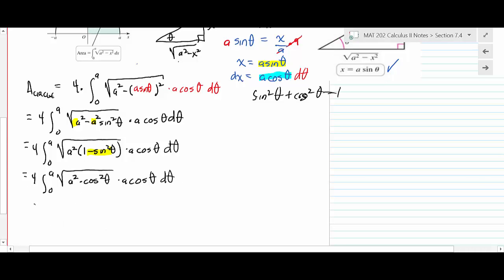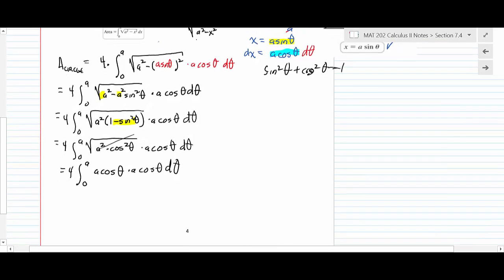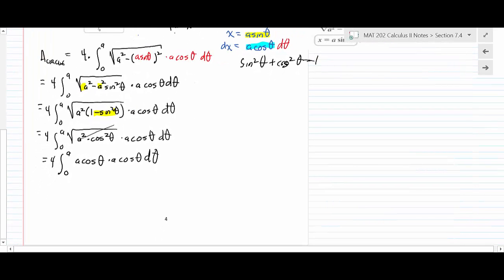So now we end up with a simplified integral, from 0 to a of a cosine theta, that comes out of the radical, times a cosine theta. Once you do that trig substitution, generally the radical goes away.